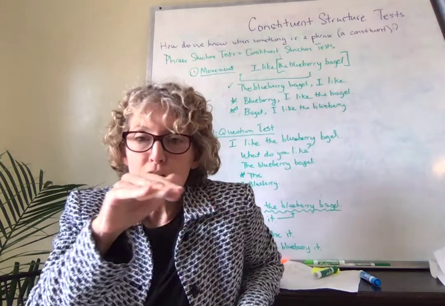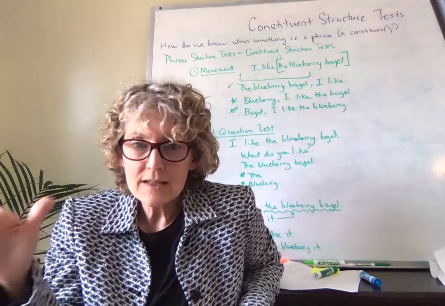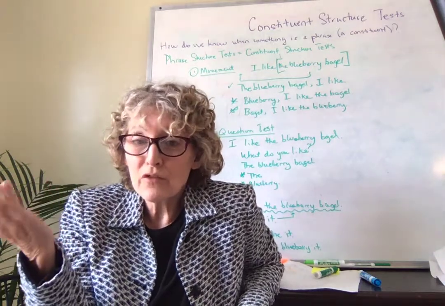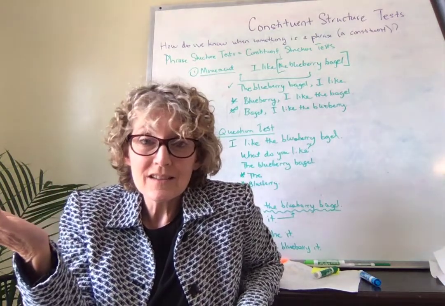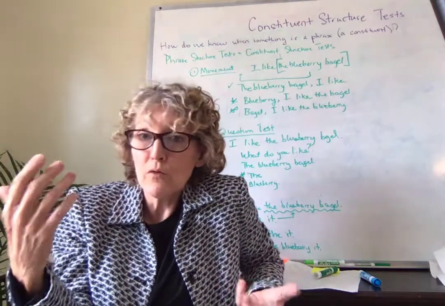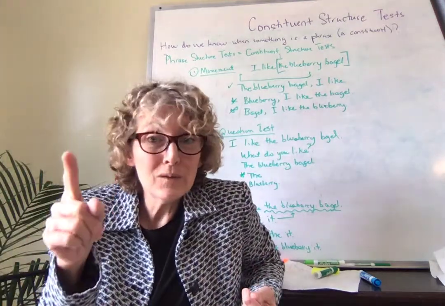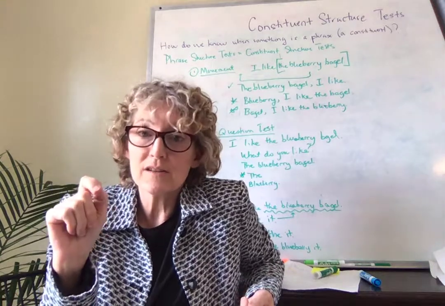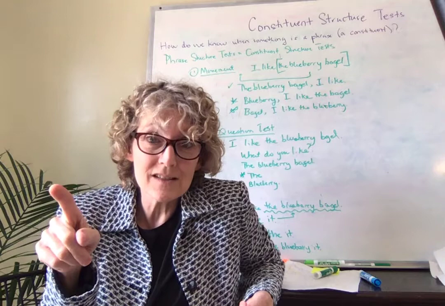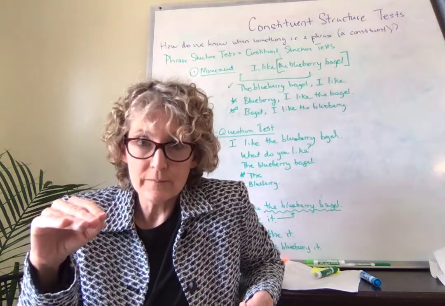That is true for every single sentence in English. Therefore, we can know what the phrases of any sentence are by just asking, well, what can we move around in this sentence? If we can move it, it has to be a phrase. If we cannot move it, or it changes the meaning of the sentence, it's not a phrase.